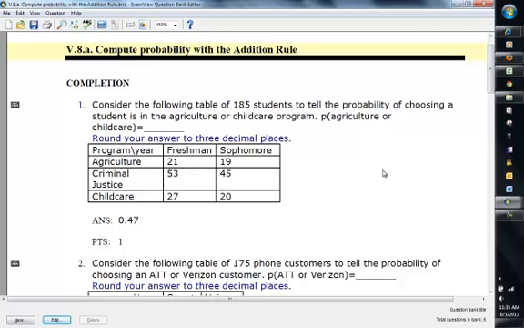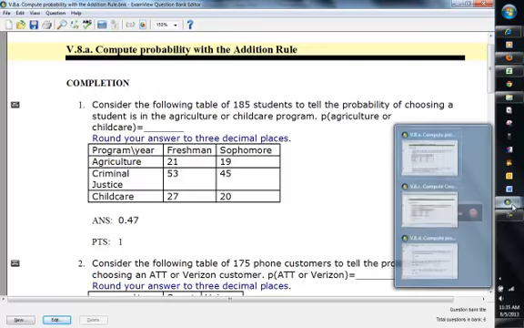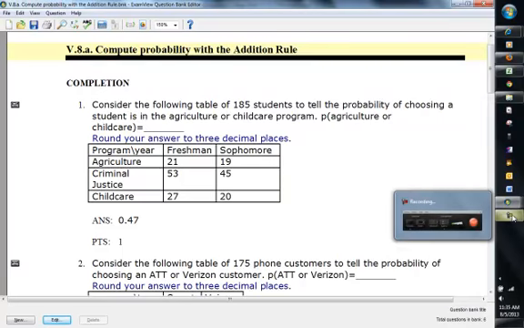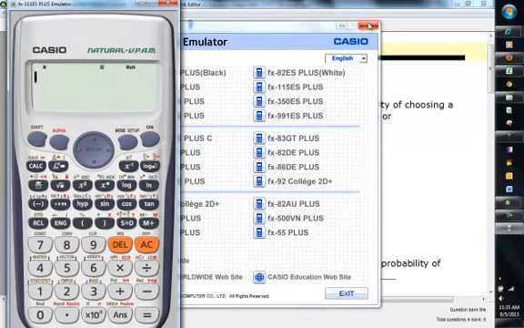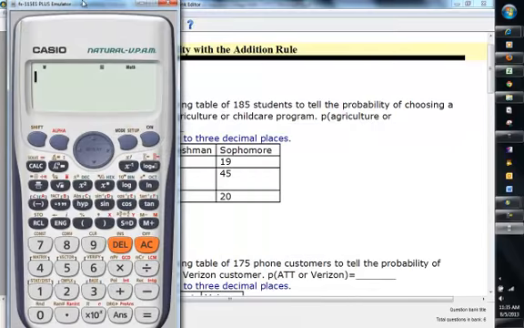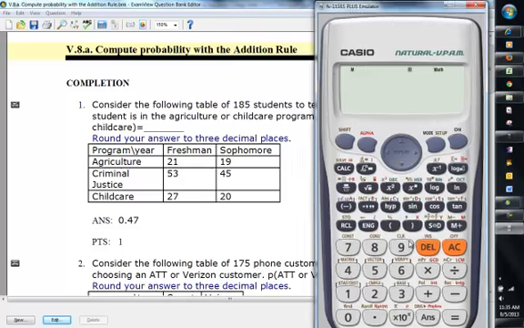Consider the following table of 185 students to tell the probability of choosing a student in the agriculture or child care program. If they're joined by "or," then you would add the two probabilities together. So let's get our calculator out. Agriculture or child care.